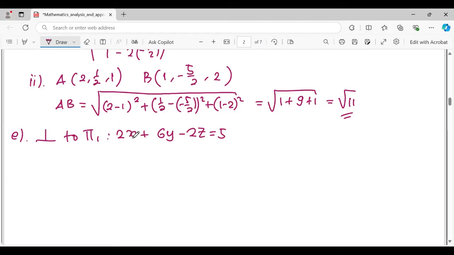Again, I'm going to remind you that the coefficient of x equals 2, coefficient of y equals 6, and the coefficient of z equals minus 2.